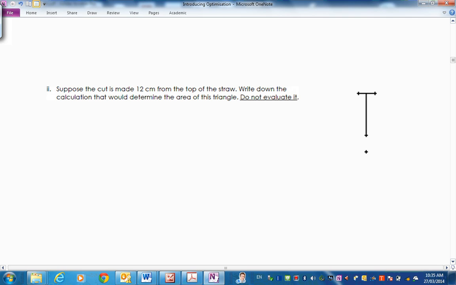Suppose the cut is made 12 centimetres from the top of the straw. Right, before, back in part A. Write down the calculation that would determine the area of this triangle. Do not evaluate it. Okay, I'm not going to help you this time. Pause the presentation, have a go, and I'll come back and see if you agree. Alright, I'm back again. So if the cut is made 12 centimetres down and that's laid across, this one is certainly not to scale now. It would look more like this, wouldn't it? 12, and this was 12 centimetres.